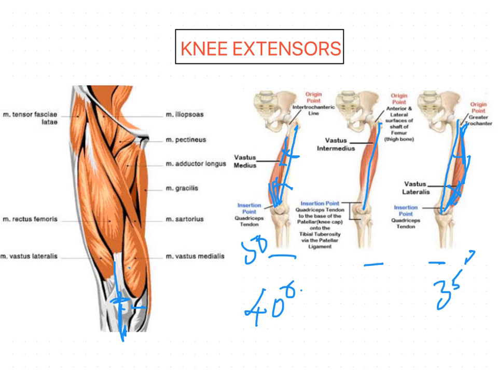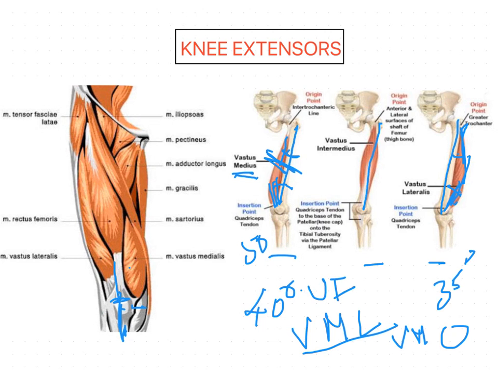Because of the drastically different orientation of the upper and lower fibers of the vastus medialis, the upper fibers are commonly referred to as vastus medialis longus, or VML, and the lower fibers are called vastus medialis oblique.